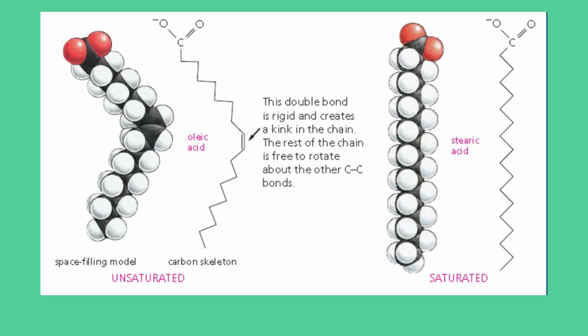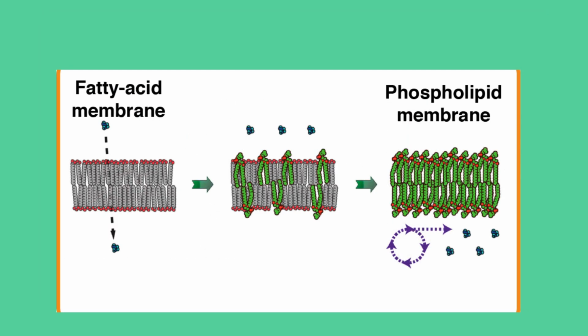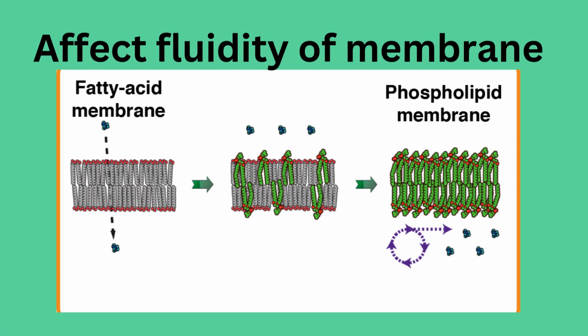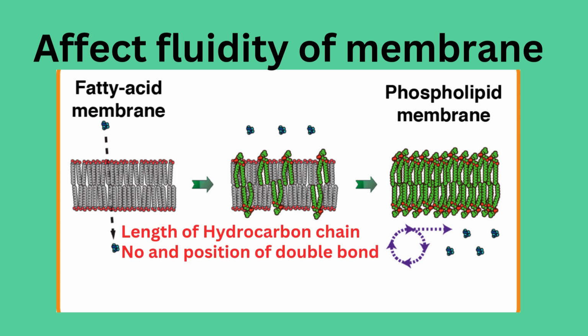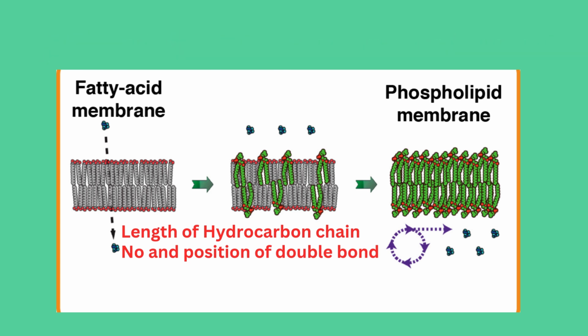Fatty acid tails are also found in cell membranes where the tightness of the packing affects the fluidity of the membrane. Many different fatty acids are found in cells, differing only in the length of their hydrocarbon chain and in the number and position of the carbon-carbon double bonds.